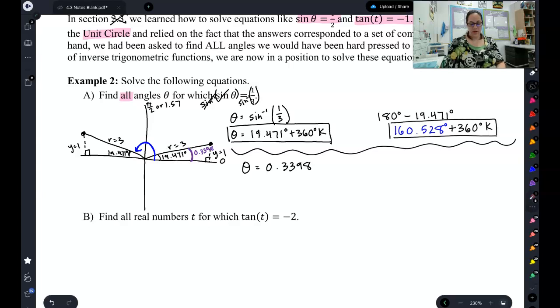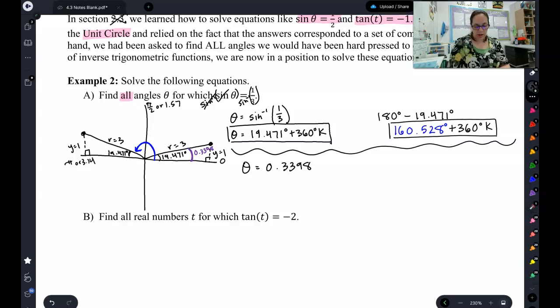So if your calculator gives you any answer between 0 and 1.57 for radians, that's in your first quadrant. Over here is pi, or 3.14. So if your calculator gives you anything between 1.57 and 3.14, it's going to be in that quadrant. So that's another way to work on visualizing these radian angles.